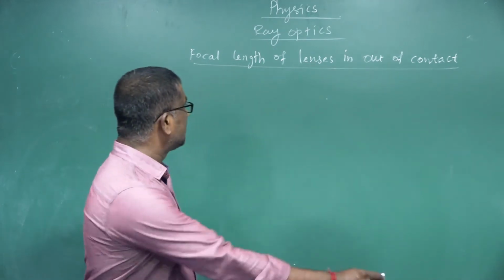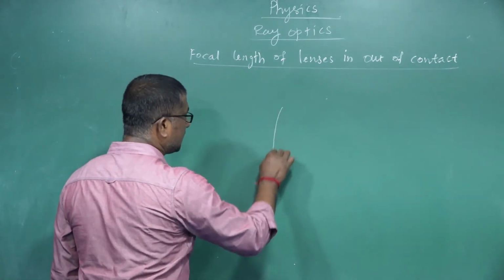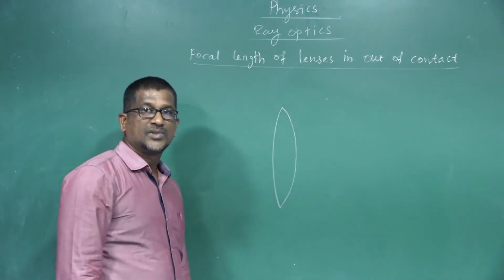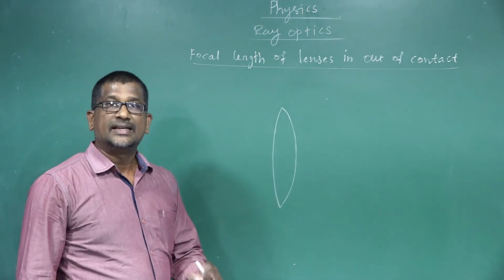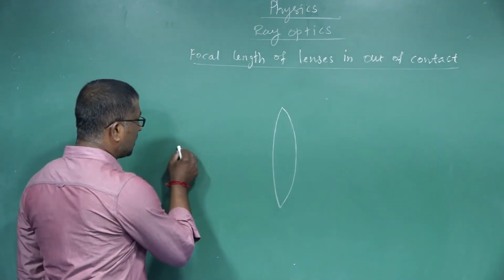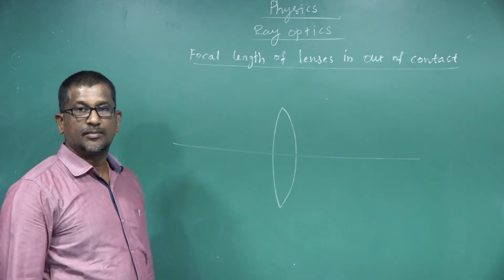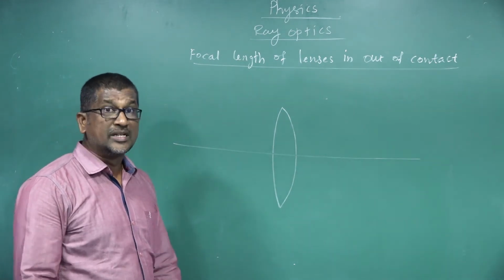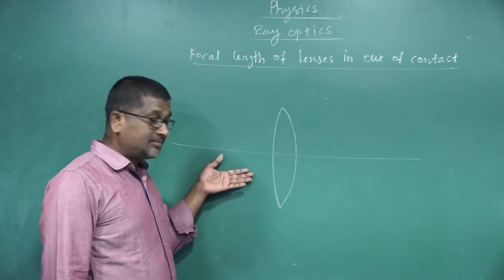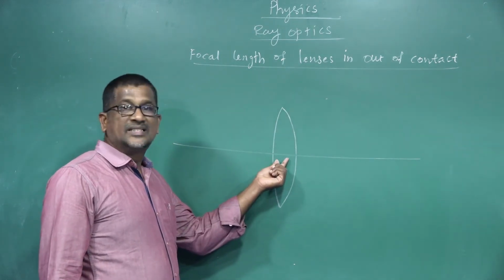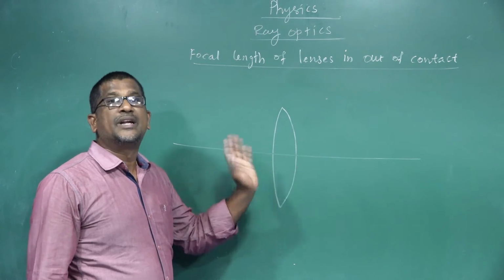For that, let us consider a single converging lens or convex lens. Convex lens is also called a converging lens, right? And this is the principal axis of this lens. What is meant by principal axis? An imaginary line which is passing through the center of curvature and the optic center of a lens is known as principal axis.